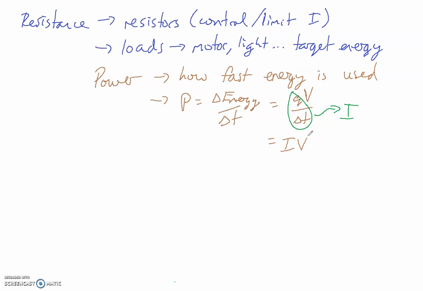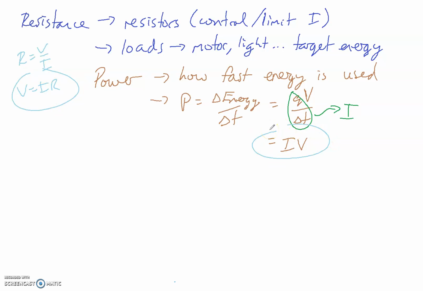So not only is current and voltage really commonly used in Ohm's law to find resistance, it's definitely connected to power. Because we have Ohm's law from before, resistance is equal to V over I, or just rearranged, V is equal to I times R. These two expressions are often spliced together for power.